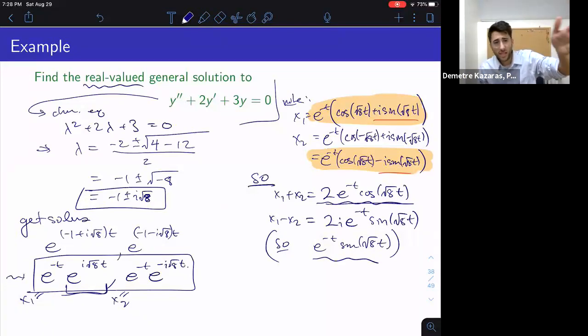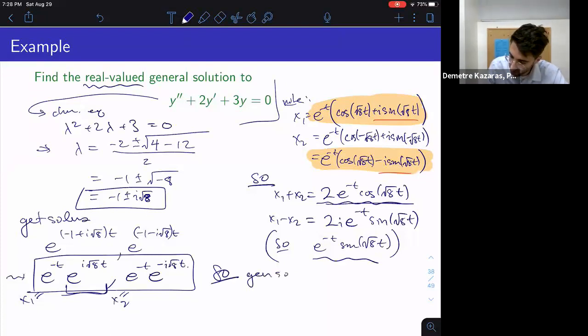This will always work. You get your two solutions with maybe complex exponents, use Euler's formula, and then add and subtract the resulting expressions to get real solutions to the equation. Anyway, so the general solution takes the form any number C1 times e to the minus t.